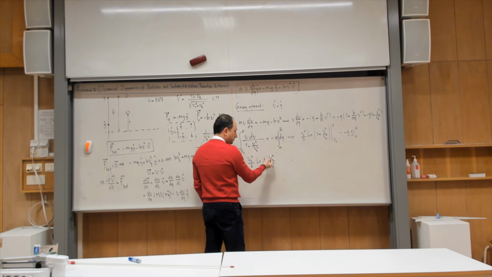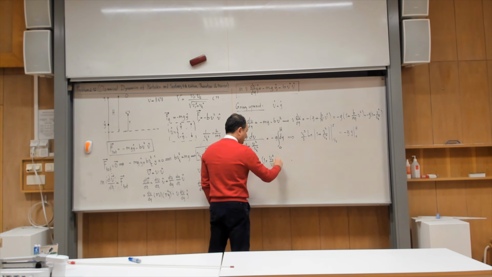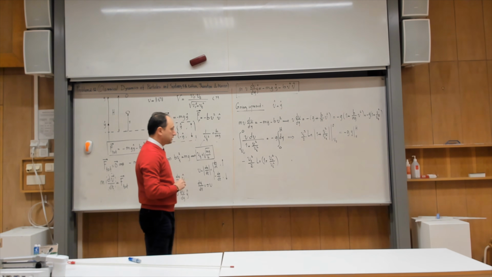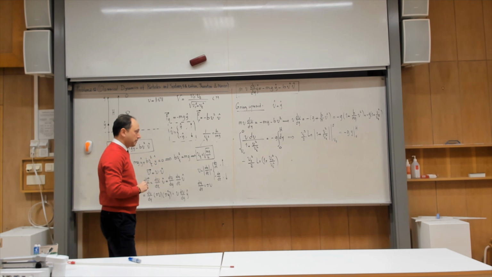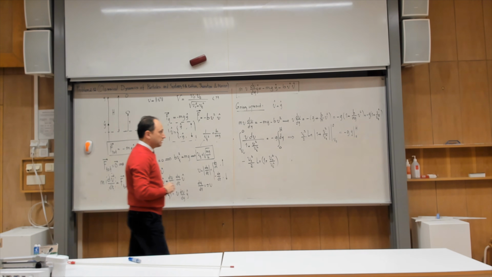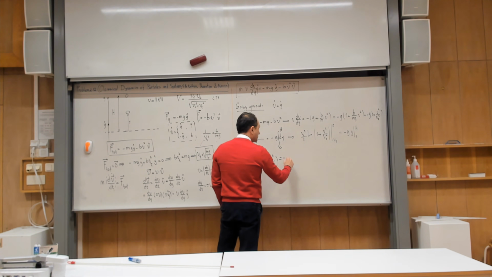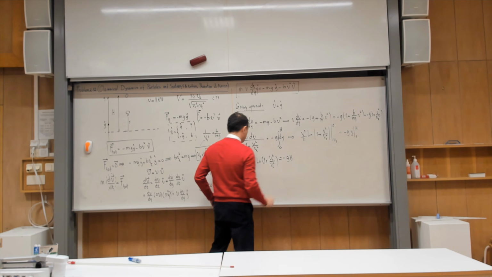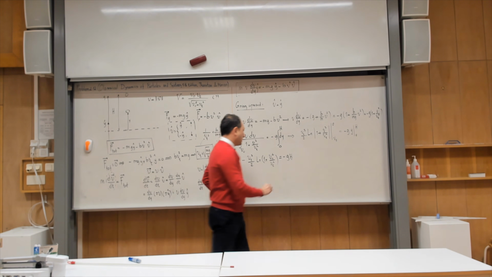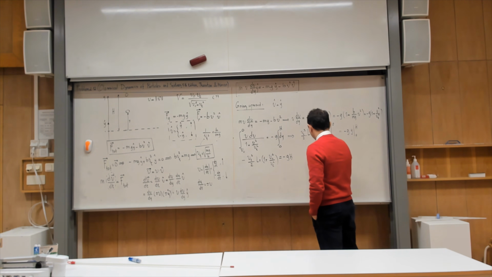Absolute value, but of course everything is positive, so let us not bother about it. We can replace it with paired brackets. On the right hand side I will get minus gh. And I divide by minus g, and finally I get my h.